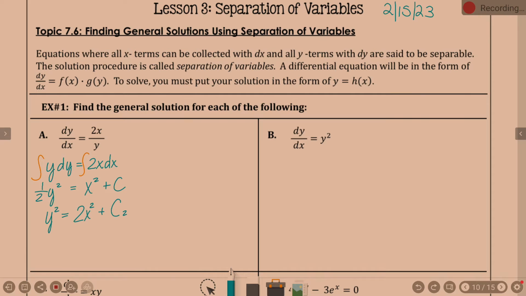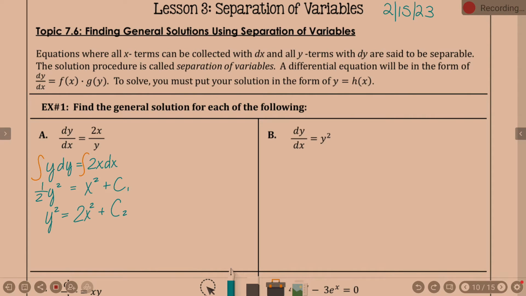What am I saying there? It's just a different c. With the idea that that was c subscript 1, the first c, this is 2 times that previous c, so we're going to call it a different c. Not a huge issue. The key is you need a plus c there, right?